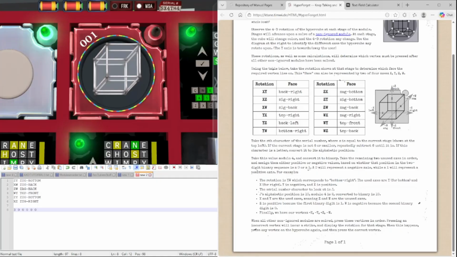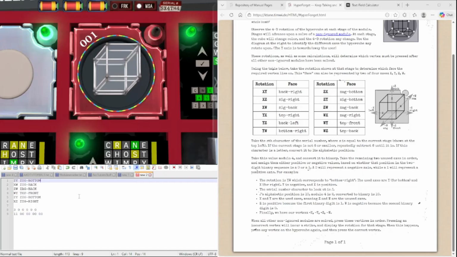Convert it to binary. So that's going to be 0 is negative, 1 is positive, so this is 2-digit numbers, so 3 is 1, 1, and the rest is 0, 0.